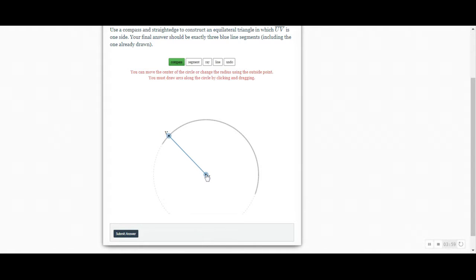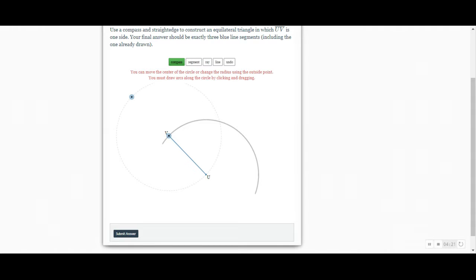Now, if I put my cursor, my mouse, at point U, because that was my center of the circle, and drag the point to V, do you know that UV still stays as UV? It's still the radius of the circle, but now my center is being changed.